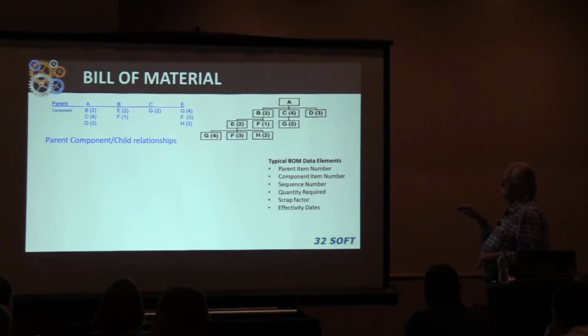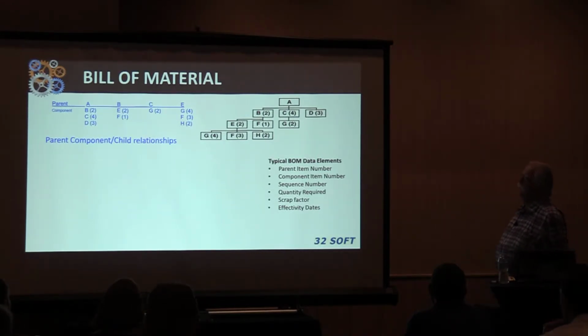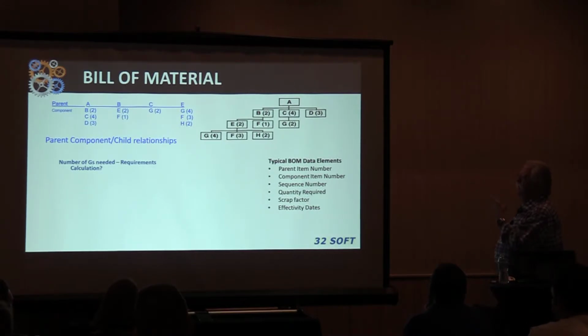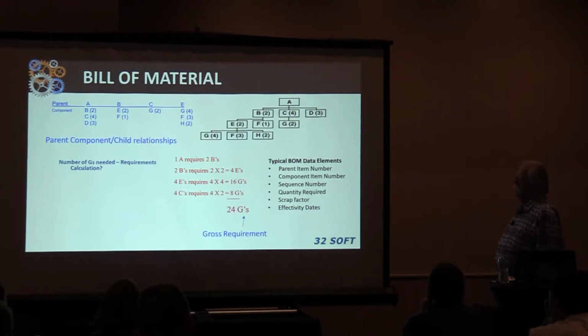So, typical elements within the BOM: parent and component, sometimes the sequence, the quantity required, which has got to be 100% accurate, because as we'll see from MRP, that's what's going to drive the records down for the explosion. Scrap factors, effective dates. So if you want to calculate the number of G's required for this A, you can go in and calculate that based on this bill of material relationship. Our gross requirement of G's to make an A, in this case, is 24.